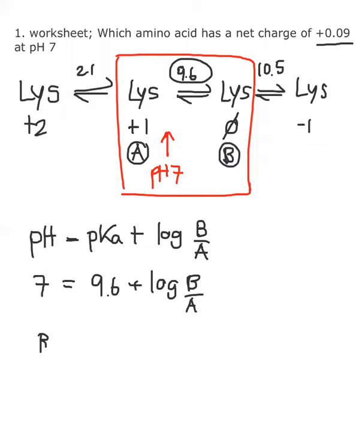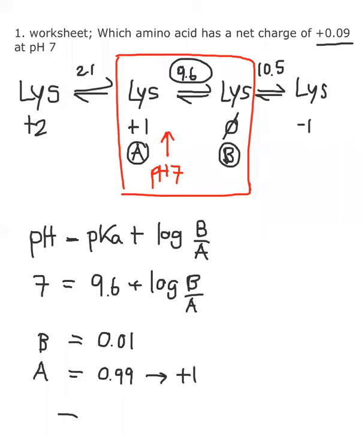The ratio will look like this: B will be equal to 0.01, while A would be 0.99. From the diagram we can see that only the acid species gives plus 1 charge.